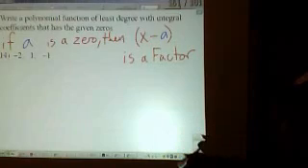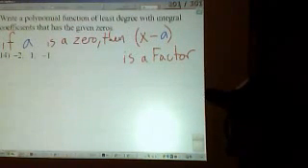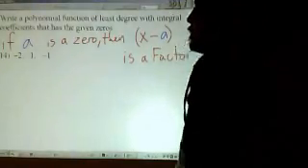So if a is a 0 of the polynomial, then x minus a is a factor of the polynomial. That's the part I'm taking out so it doesn't get too wordy. So if 1 is a 0, right, this is a 0.